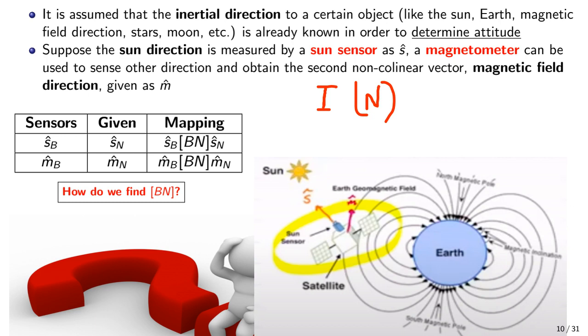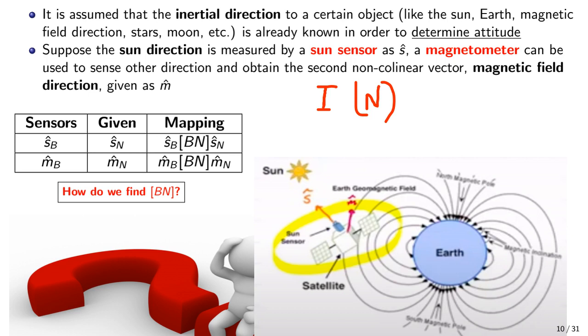And you also have your magnetic field direction, which is usually measured by a magnetometer, and you're representing that vector as unit vector M. Now, we have got two unit vectors measured by two different sensors, the sun sensor and the magnetometer. And now we want to obtain our Bn.